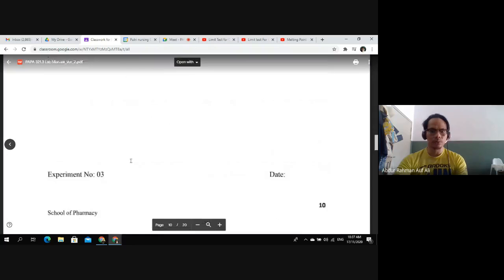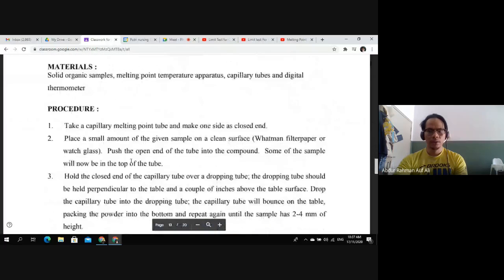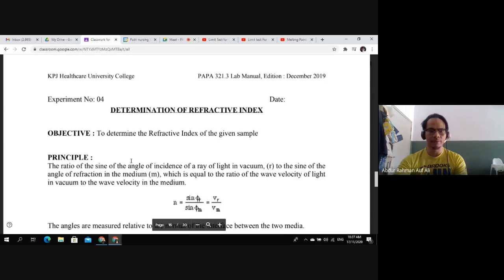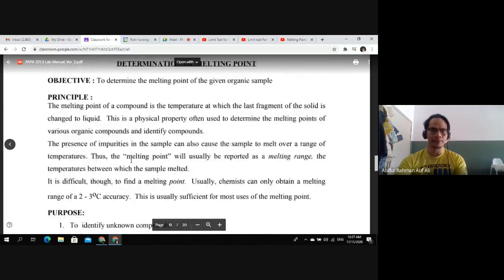Sekarang saya nak go to determination of melting point. So this is another example of qualitative test. Mana? Skip. Okay, pendek saja.